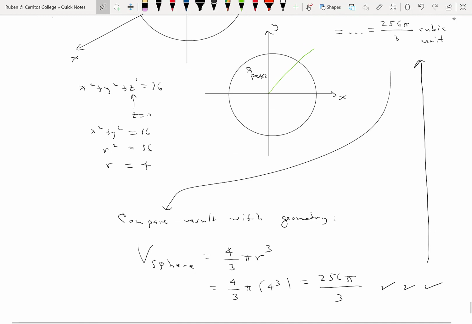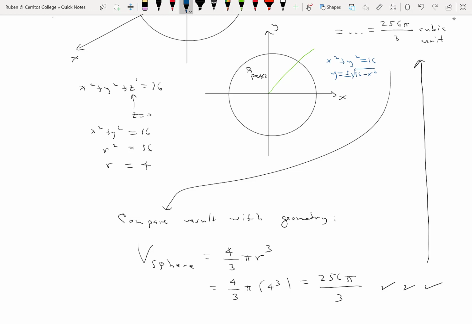If you look back at our region, at least the region over which we're integrating, and I'll do this in, let's say, blue pen here, our region again was x squared plus y squared equals 16, or y equals plus or minus the square root of 16 minus x squared.